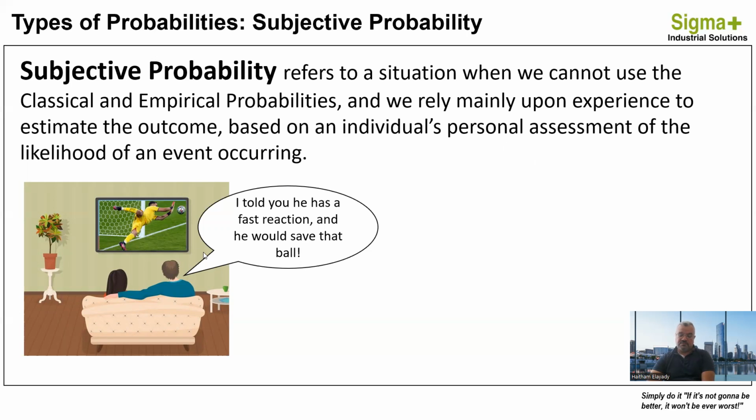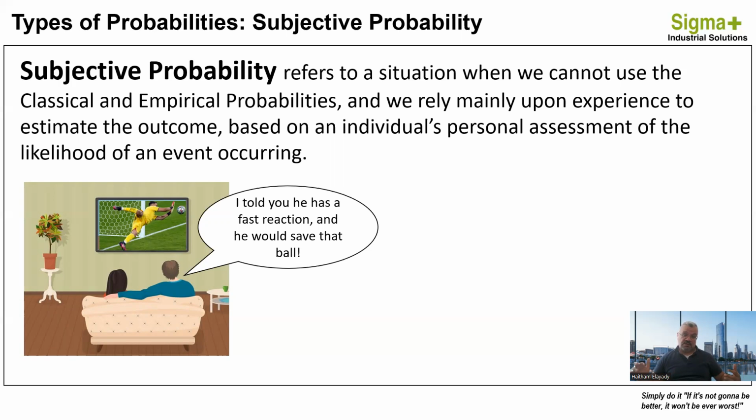Such as in the photo, there is a gentleman with his wife, watching a football match, and the guy guesses that the goalkeeper will save the ball due to his experience with how fit the goalkeeper is and how good his skills are from recent matches that he has seen.